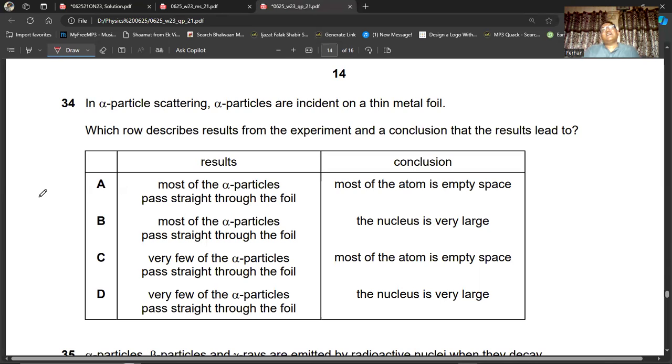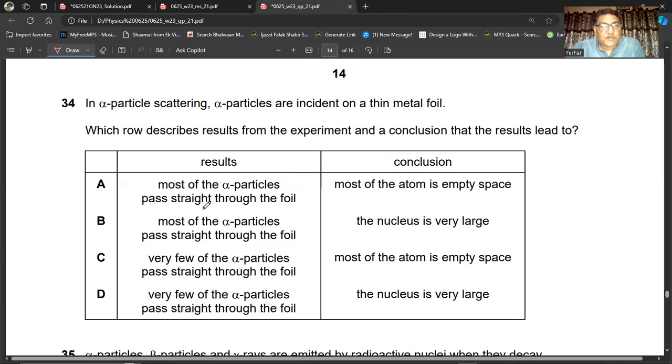What they found was that most of the alpha particles go straight without deflection through the gold foil. So most of the alpha particles go straight as if there is nothing in their path. Very few of them deflect at a larger angle. So the conclusion was that most of the atom is empty space, and a nucleus is there, which is very small as compared to the size of the atom.